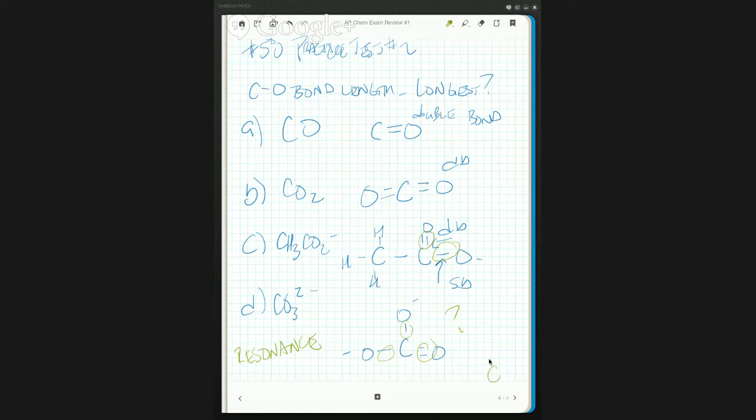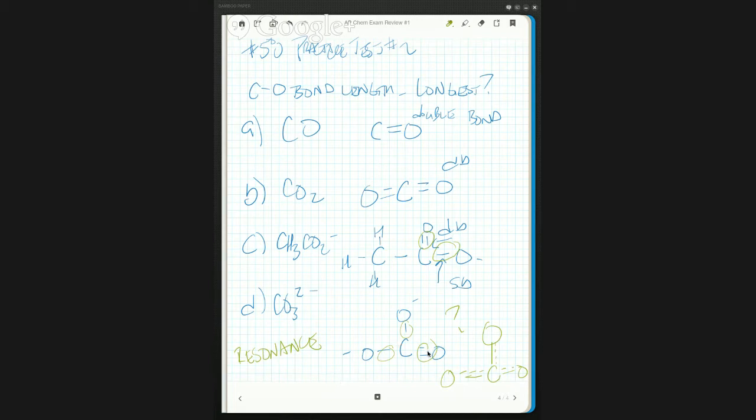So I have a C here. And if you had a modicum of ability more than what I have, you could easily do this, and then dot, dot, dot. So what you have here is a double bond spread out over 3 bonds.